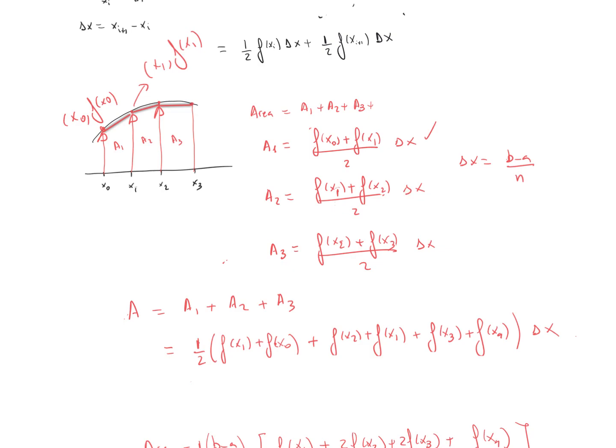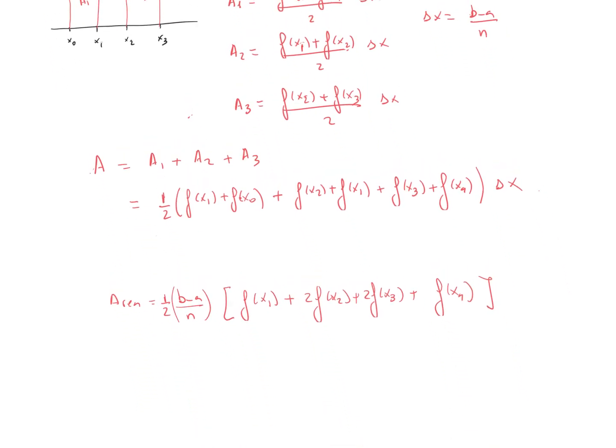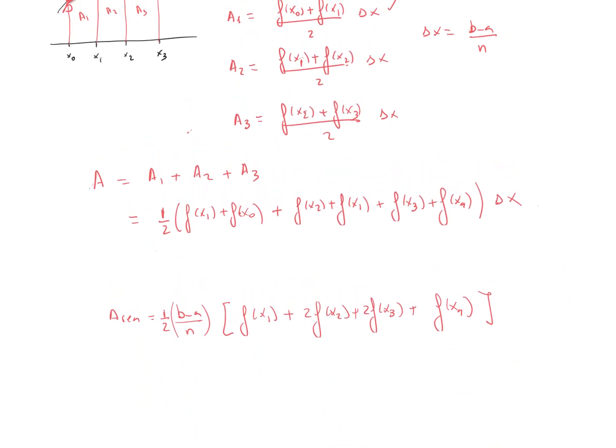And A3 is the same. Make the sum, and the 1/2 and the delta x are common terms. It will be f of x0 plus f of x1 plus f of x1 plus f of x2 plus f of x3 plus f of x4.